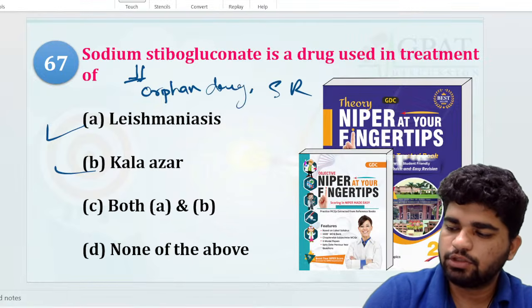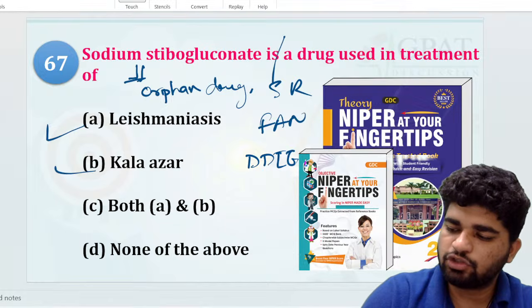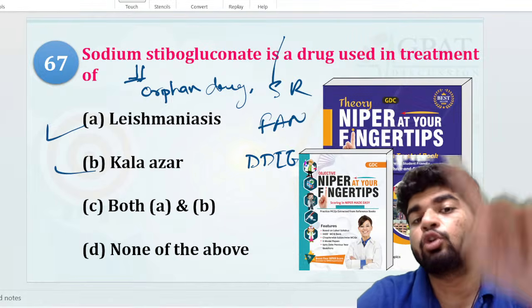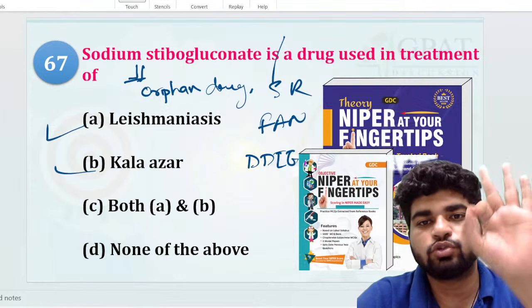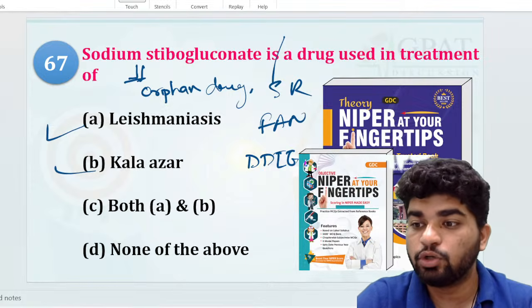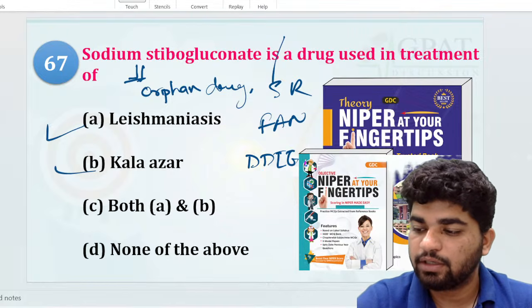Remember Shah Rukh Khan is a fan of DDLJ. S for sumatriptan, S for sodium stibogluconate as well. Why don't you know? This is so simple from general pharmacology only.